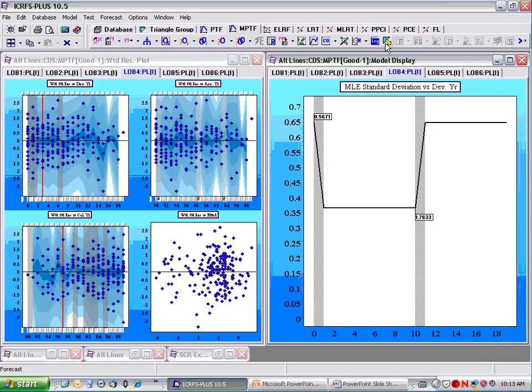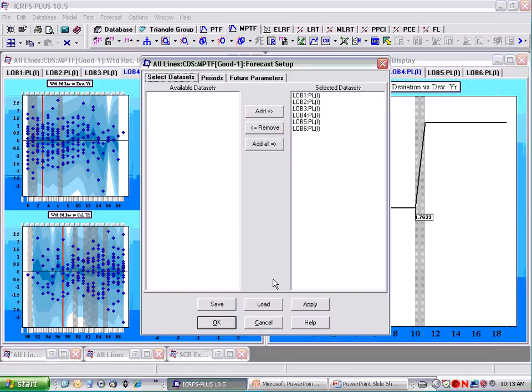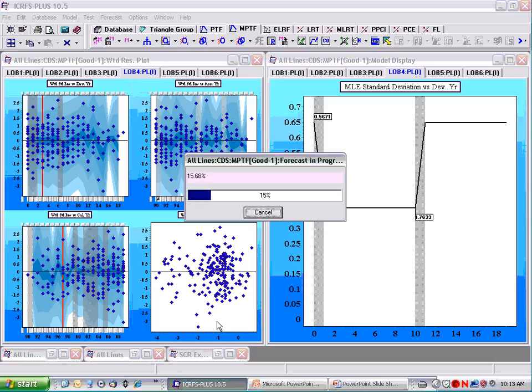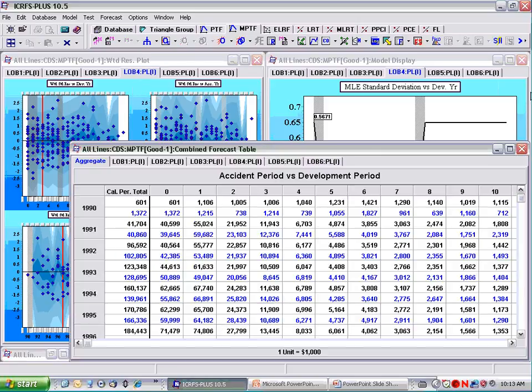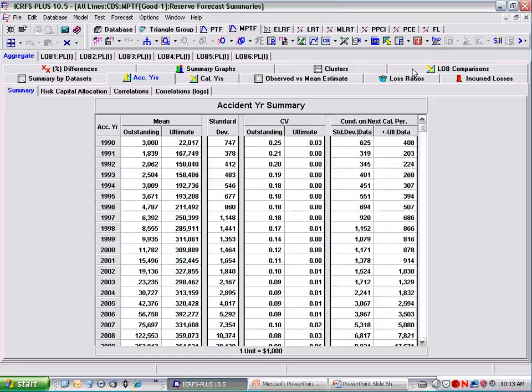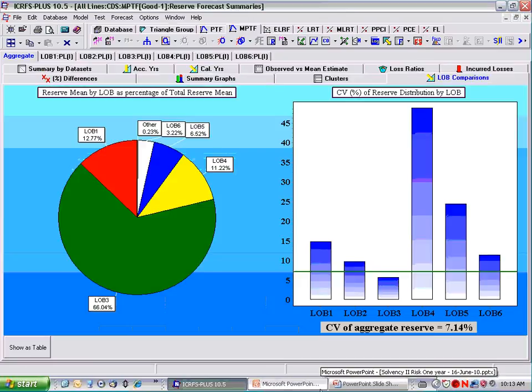Let's do a forecast of the aggregate of all lines. So we could say combined conservative. And you'll see that if we go to the forecast summary and look at LOB comparisons, something that we did with Berkshire Hathaway in the previous study, you'll see that LOB4 has got a huge CV, close to 50%.